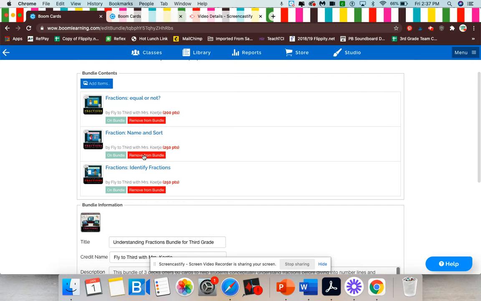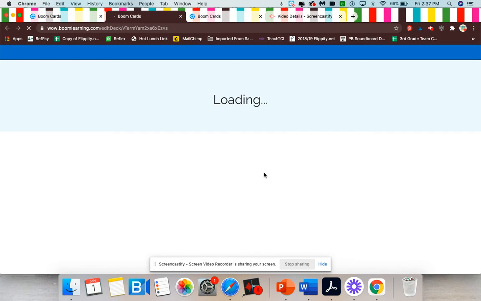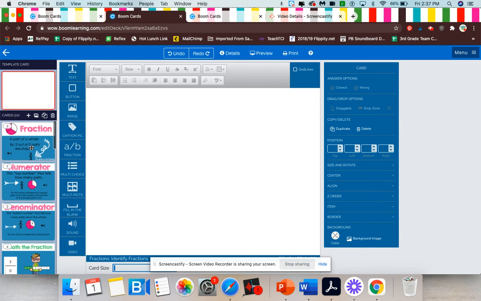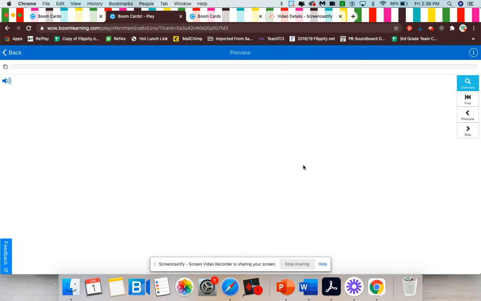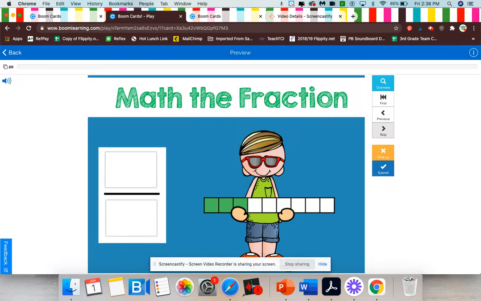After students are done with that, then we go into identifying fractions. And I really feel like this is the beginning of third grade fractions here. This is where we really like to start off. So again, those key vocabulary terms are in here again. And kids are going to learn how to represent fractions on a bar. Because eventually this fraction bar, we want to take away the parts of the bar and make it into a number line.